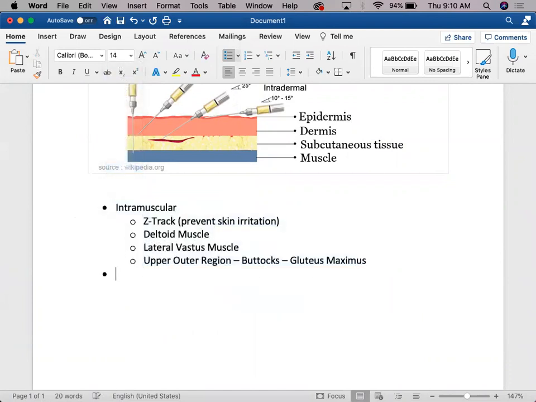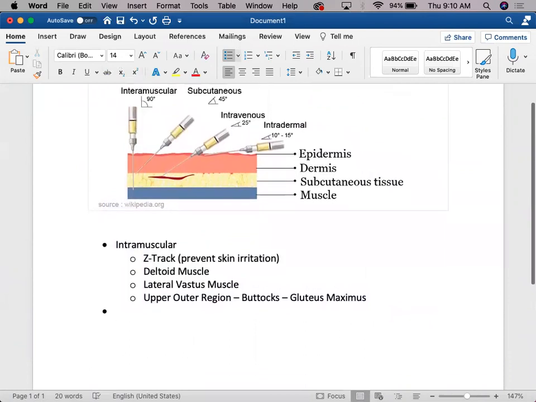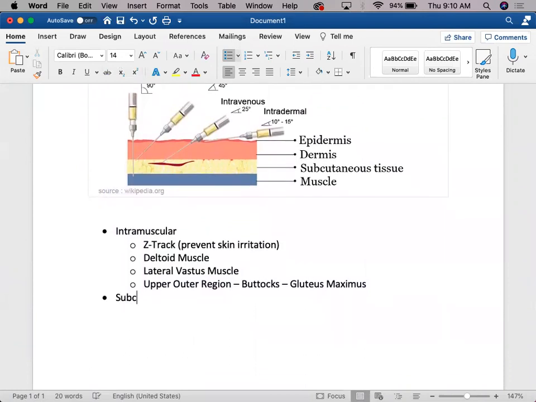Now, the next thing is the subcutaneous. So the subcutaneous, we like it because remember what needle we use? We use a tuberculin syringe, right? And those are the orange ones. And also those are the ones for insulin, right? And you'll see on the side, it's marked by 10s, 20, 30, 40, all the way to 100. It's marked in units, okay?